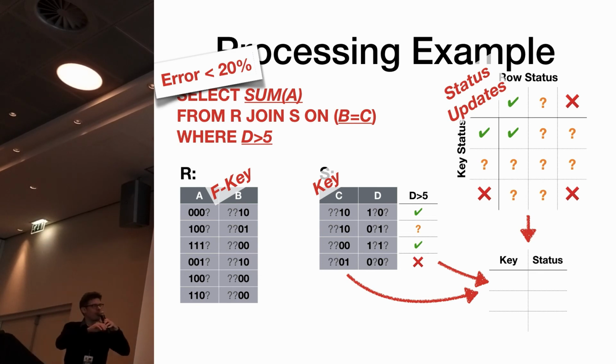And we build that hash table with one single scan over S using the status update rules that you see here. And here we have the result for this example.